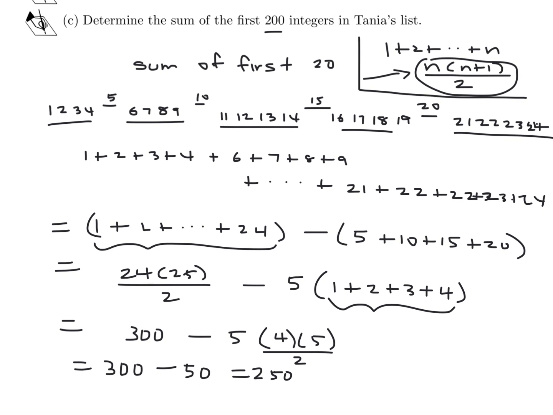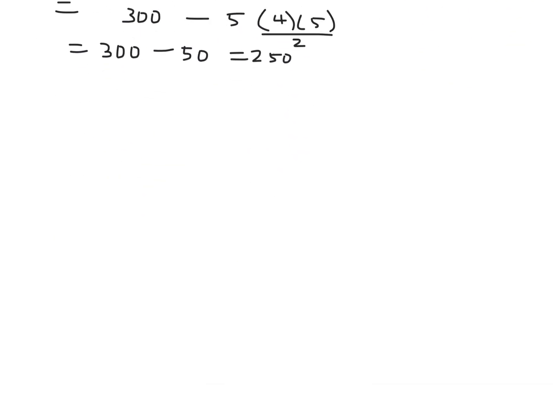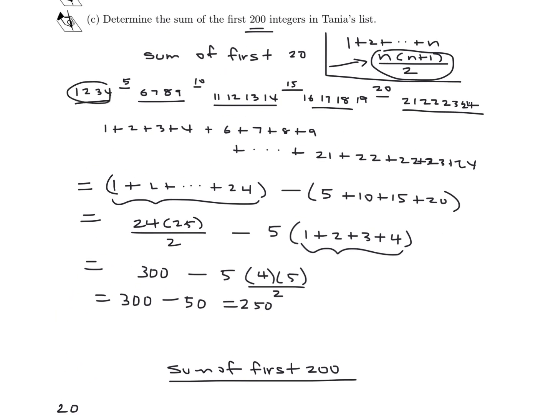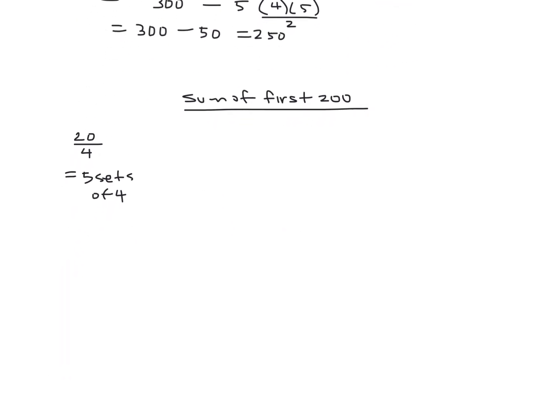So let's do it for the 200. Now we have to find the sum of the first 200. Probably going to use the same sort of philosophy as before. My example was just the first 20, right? And we had 20 numbers. If you divide by 4, that means you had 5 sets of 4 numbers, right? This was right up here: 1, 2, 3, 4, 5. 5 sets of 4 numbers each.